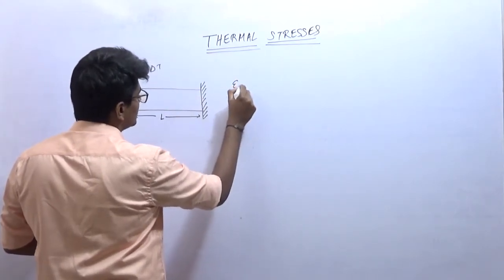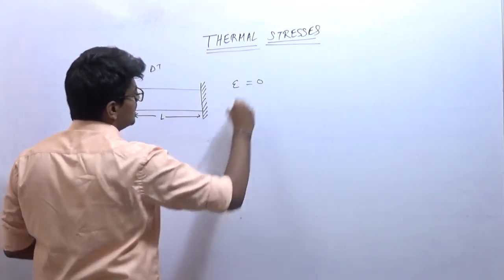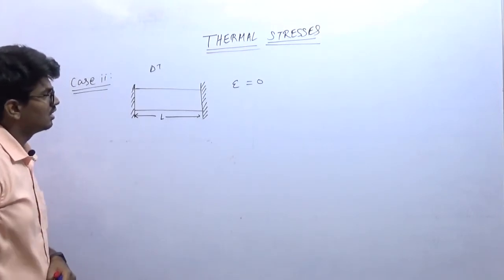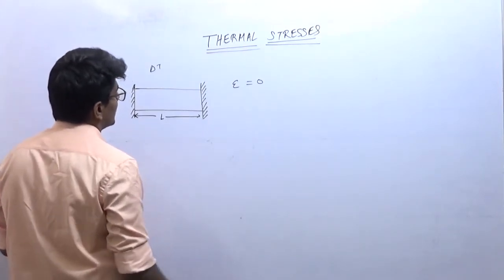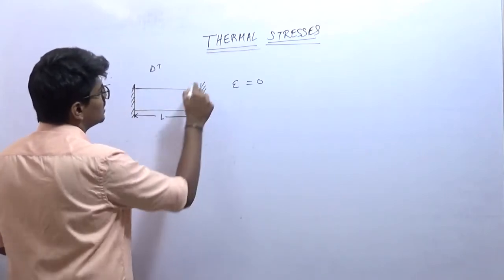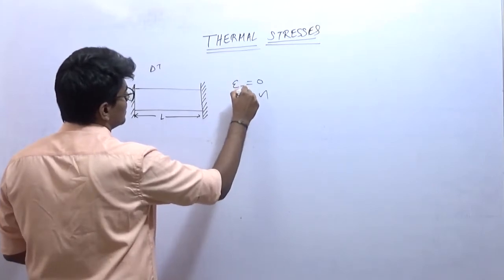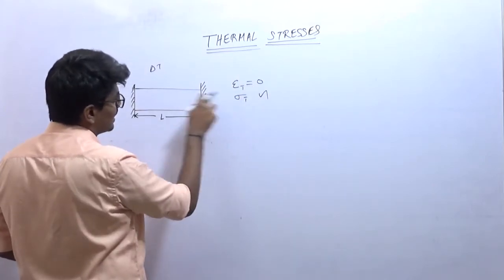Epsilon in the axial direction will be 0, but there is going to be stress because of the reaction developed at the fixed supports. So thermal stress will be there, but thermal strain in the axial direction is 0. That is very important.